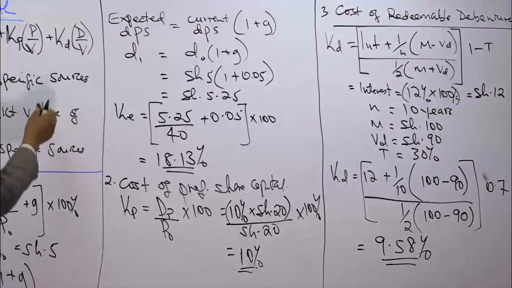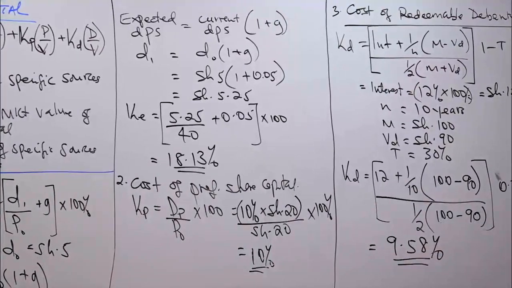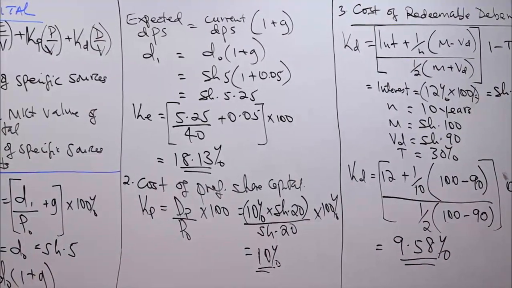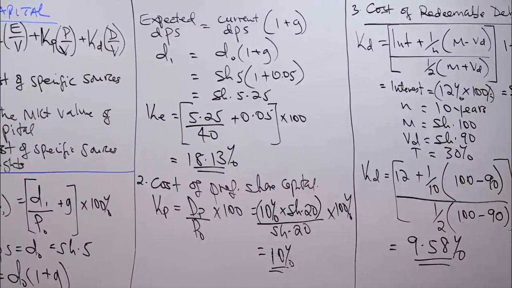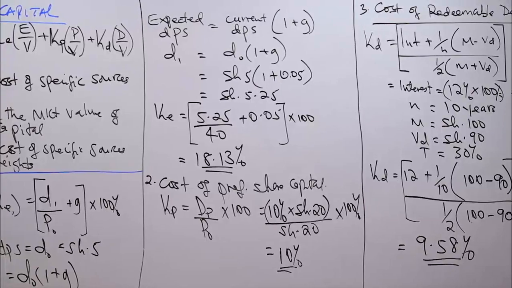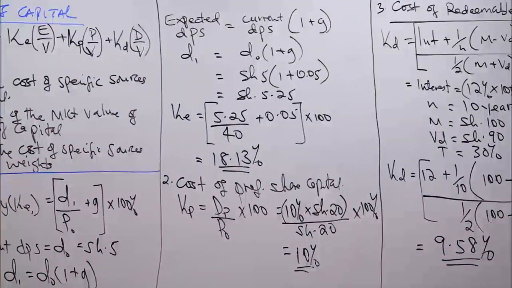The first step is to calculate the cost of specific sources of capital, and that is what we have done. We've determined the cost of specific sources of capital.